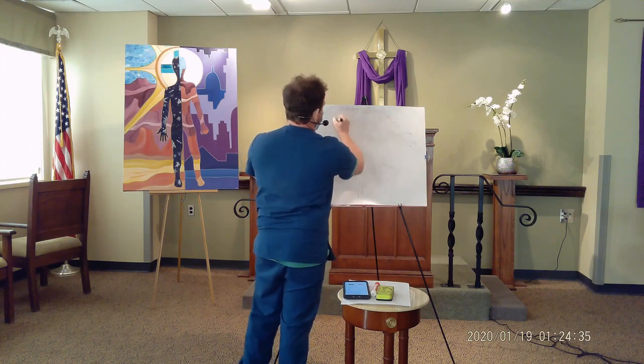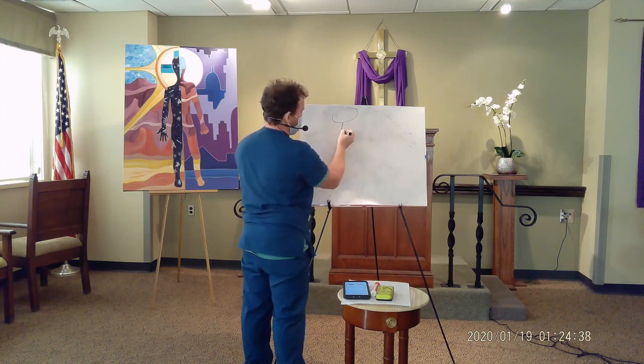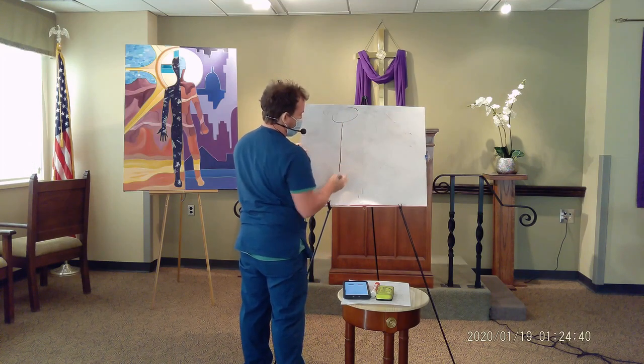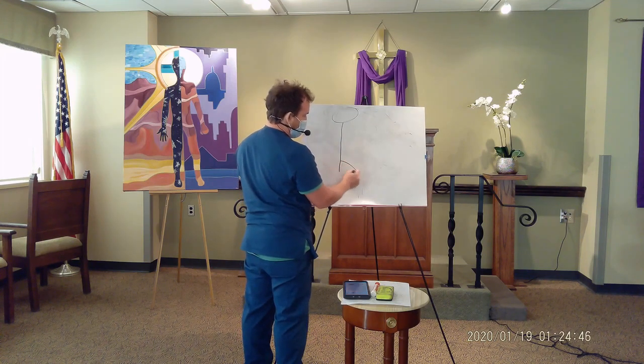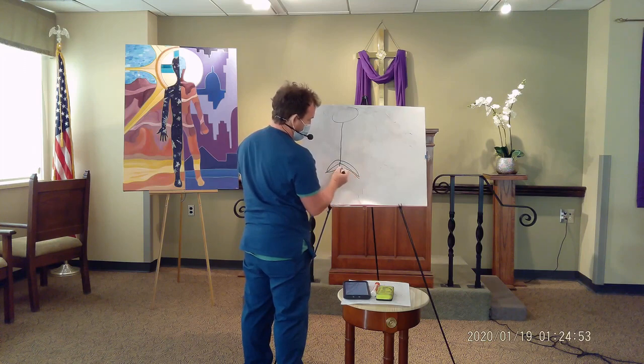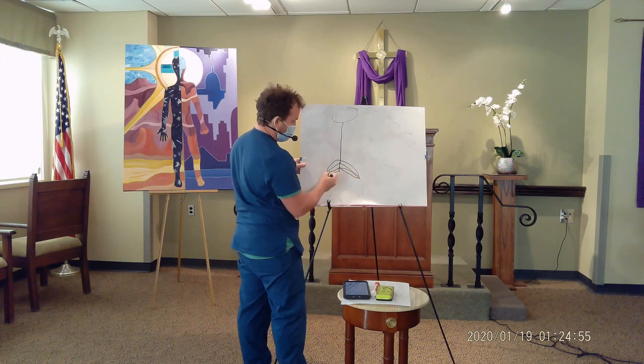So you've got your brain, you've got your spinal cord coming down from your brain, and for the sake of time, we'll talk about the lower section. You've got nerve roots that come out of your spinal cord, and they form a plexus, where they all come and meet together.